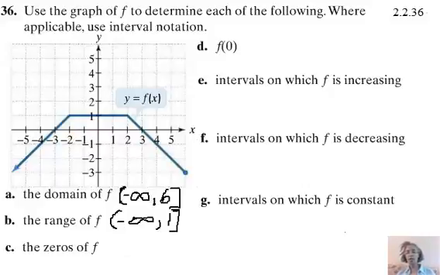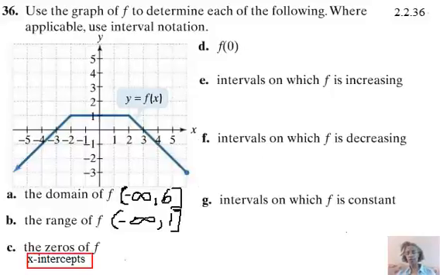Now let's talk about the zeros of the function. Another way to discuss the zeros of the function, these are actually the x-intercepts of the graph. So let's mark these on the graph. So notice an x-intercept touches the x-axis.